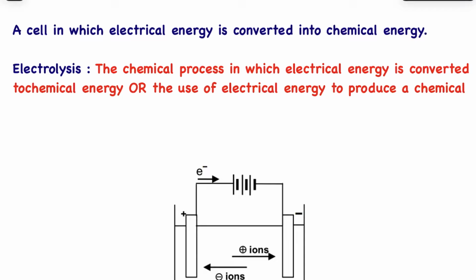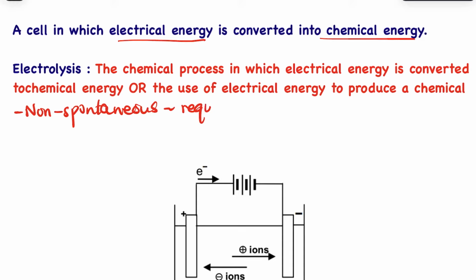One of the important things here, since it's electrical to chemical, is that this type of reaction is non-spontaneous. What do we mean by non-spontaneous? That means it requires energy to occur, which is the electrical energy, right?